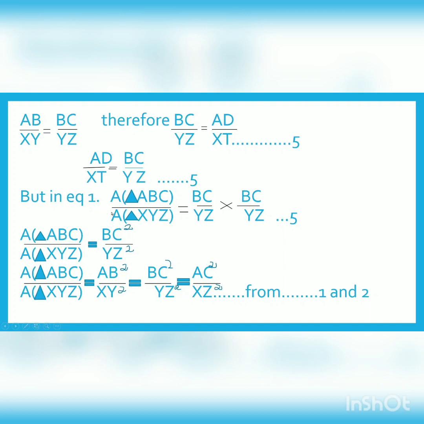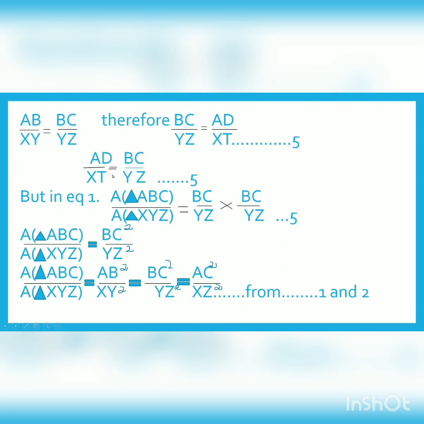Write again equation 1. Area of triangle ABC upon area of triangle XYZ is equal to BC upon YZ into AD upon XT, so AD upon XT is equal to BC upon YZ.